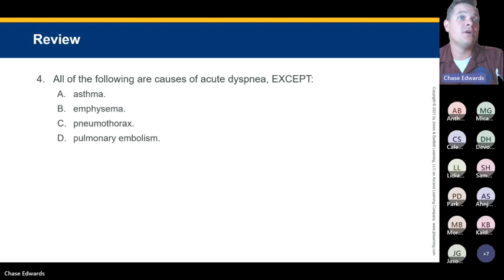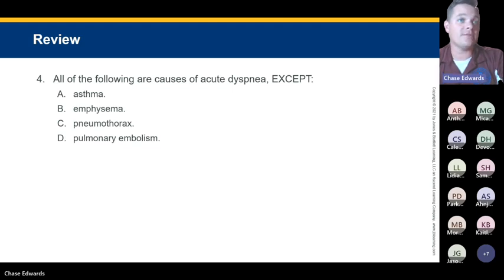All right, so now we're getting the good answers. Chronic means long time. Acute means right now, right? So if you want to change yours, which one of these is not a cause of acute?